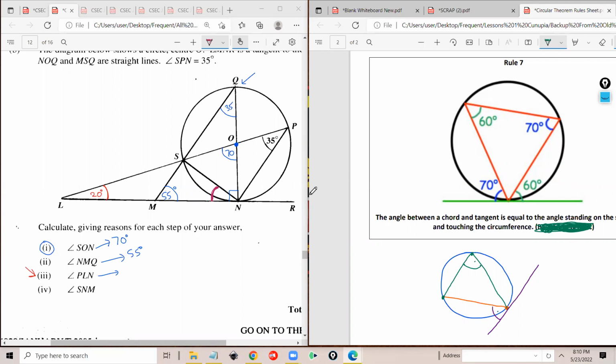So that means, look at it here. This is the chord, C-H-O-R-D, and you have a tangent. You have an angle between the chord and the tangent, and then you have an angle standing on the chord and touching the circumference.